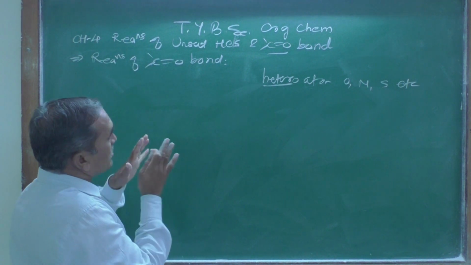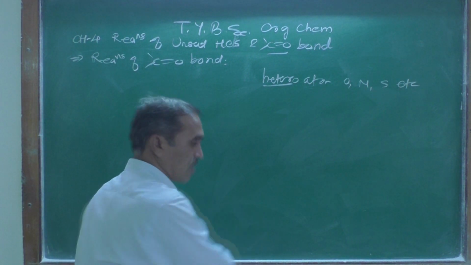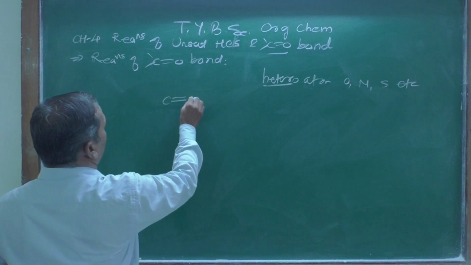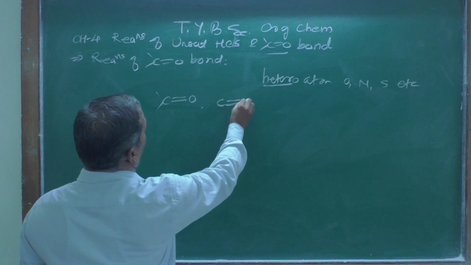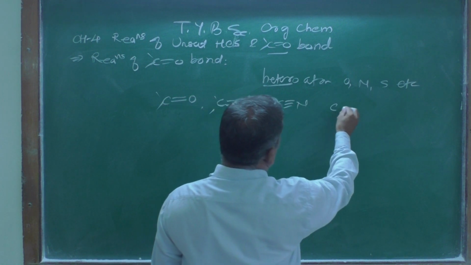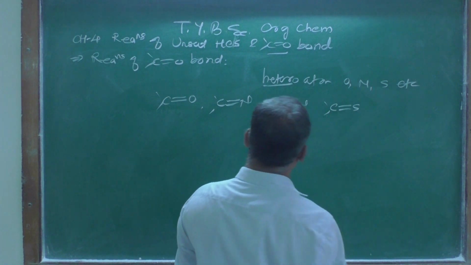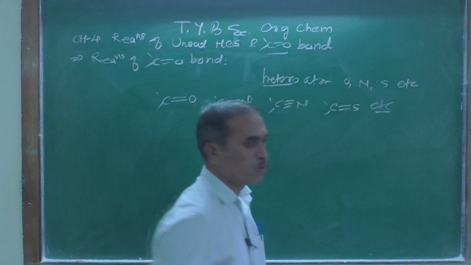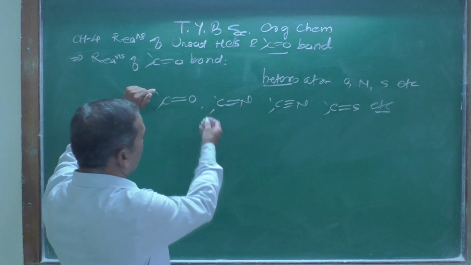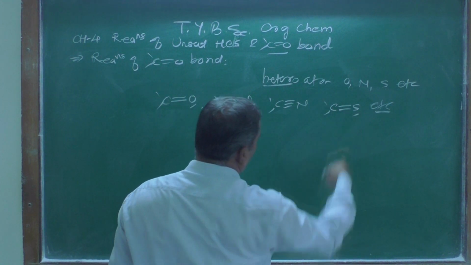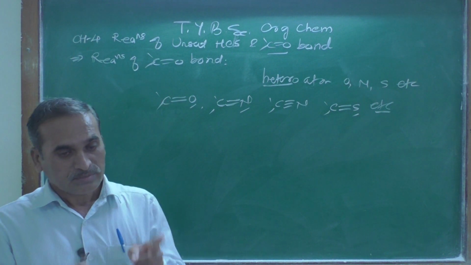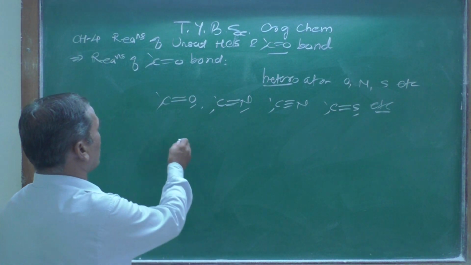But here we are speaking of unsaturated heteroatoms, because the carbonyl group is also termed unsaturated. The carbon-oxygen double bond, carbon-nitrogen double bond, carbon-nitrogen triple bond, or carbon-sulfur double bond, etc., are also known as unsaturated compounds, but they contain heteroatoms. Look here, heteroatoms: oxygen, nitrogen, sulfur. These are the heteroatoms present over there.